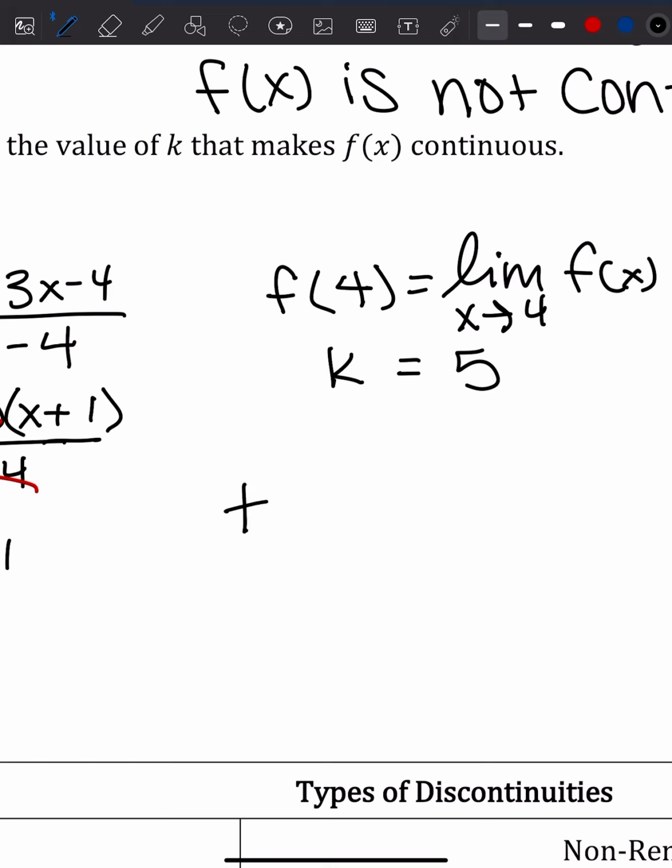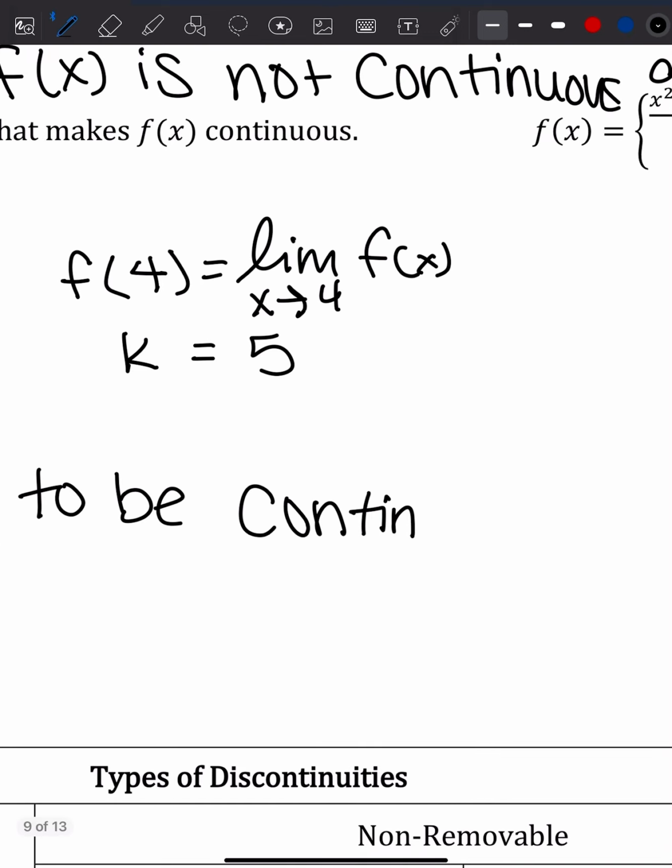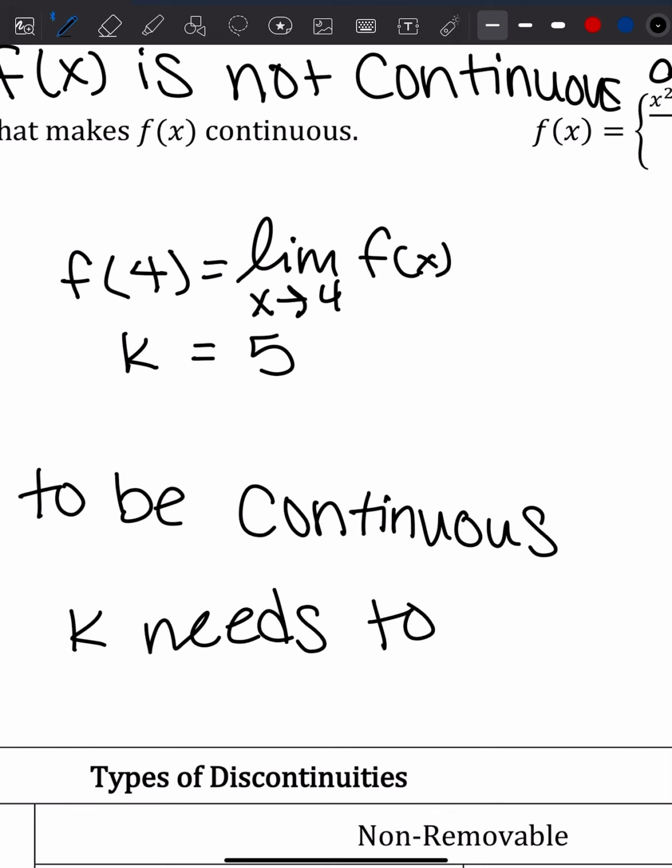This is not necessarily required, but we're going to just go ahead and wrap up our answer. It's kind of like we showed them all the work, now we're going to explain what we were talking about. So to be continuous, k needs to equal 5.